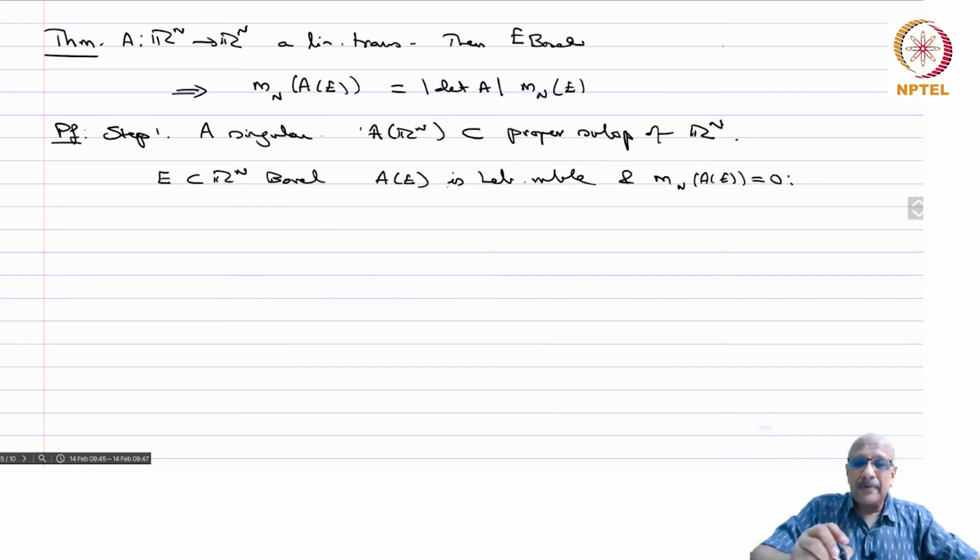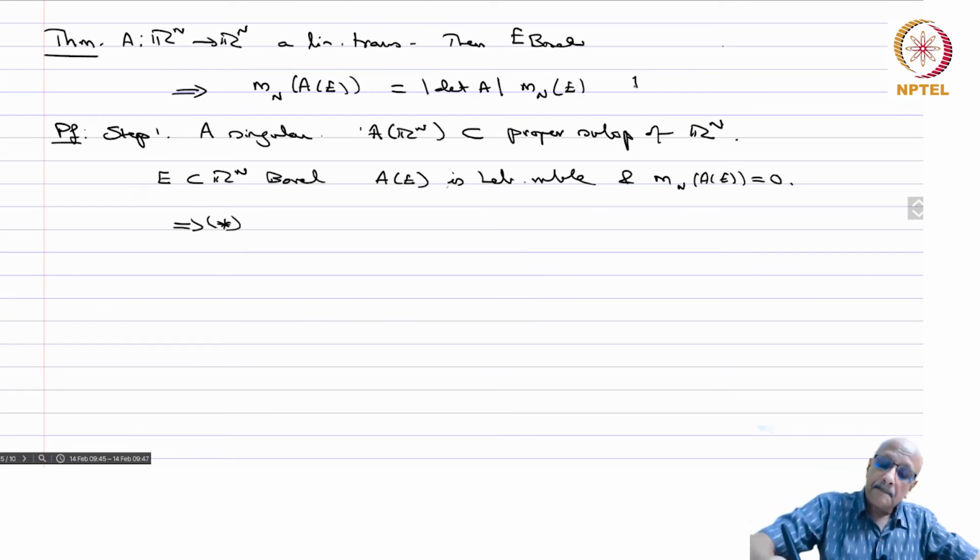Because it is in a proper subspace, we know the measure of a proper subspace, like R1 in R2, is 0; we did this calculation. Therefore star holds, because Mn of AE is 0.